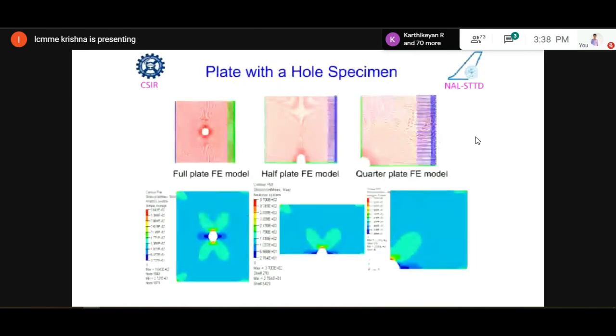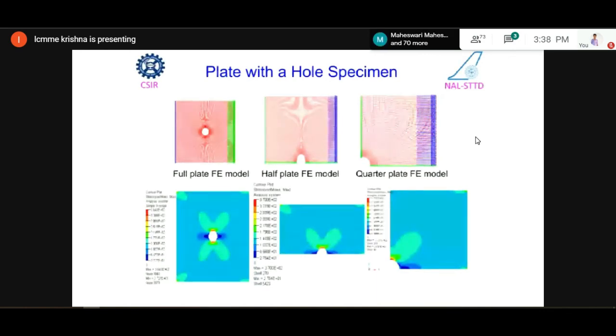So we take a simple example of a full model, a half model and a quarter model of a plate with a hole, which is generally the trend. We can see that the stresses are 364, 370 and 370. Whether you model full, half or quarter, your stresses should come like this, within some 2%.